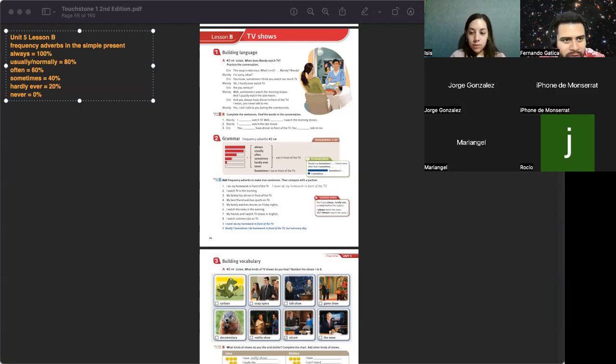But lo que sí deberían seguir siempre es en afirmación van a poner subject plus the frequency adverb plus the base verb.